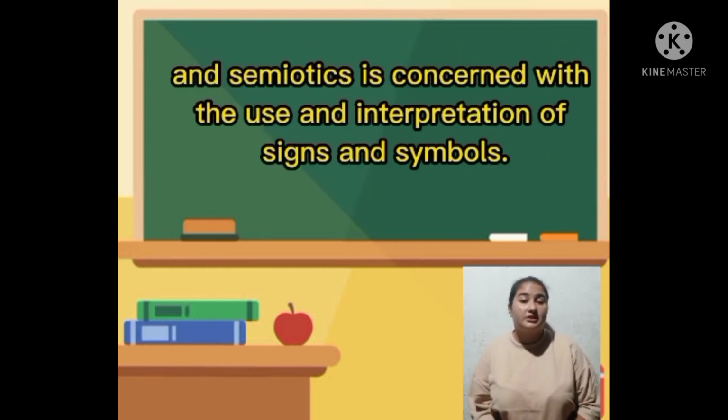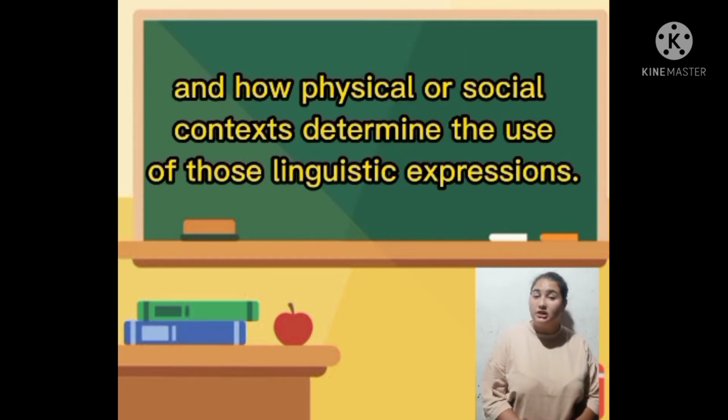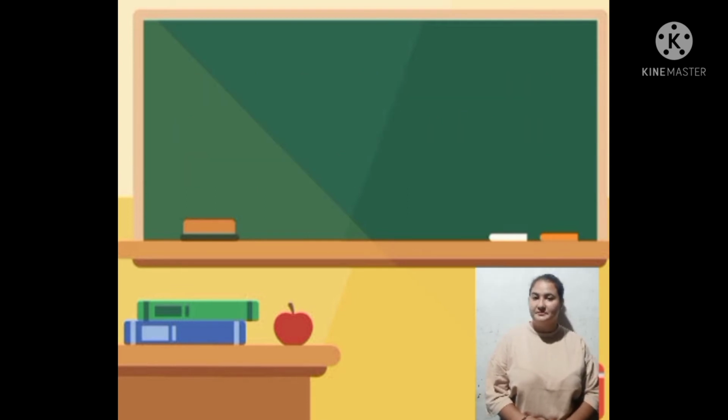And semiotics is concerned with the use and interpretation of signs and symbols. In contrast to semantics, syntax, and semiotics, the study of pragmatics revolves around both the literal and non-literal aspects of language and how physical or social contexts determine the use of those linguistic expressions.